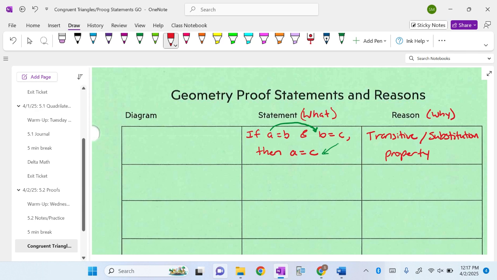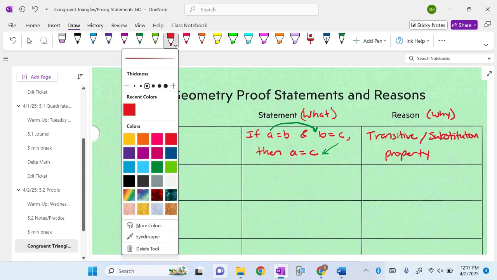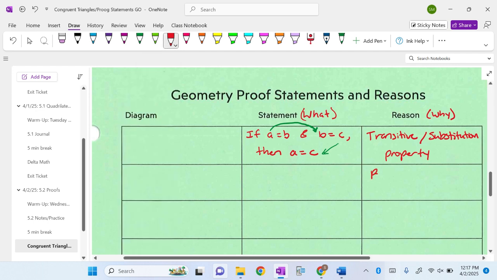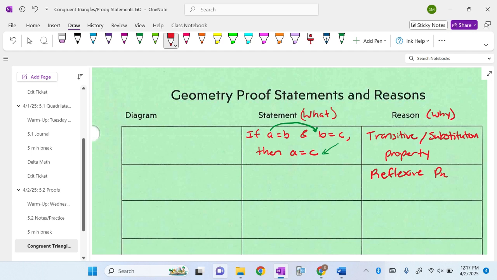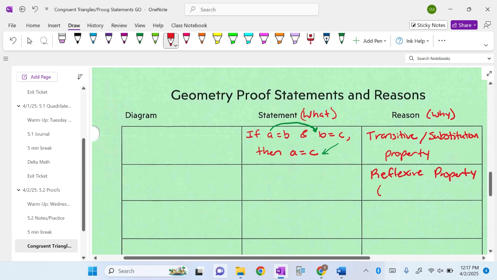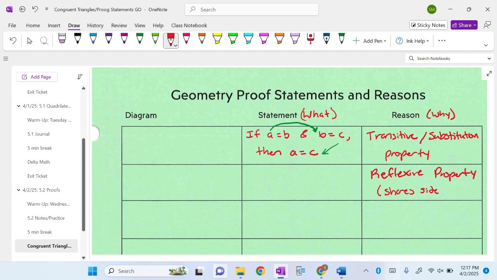The next property is what we call the reflexive property. All that means is that something shares a side or angle.